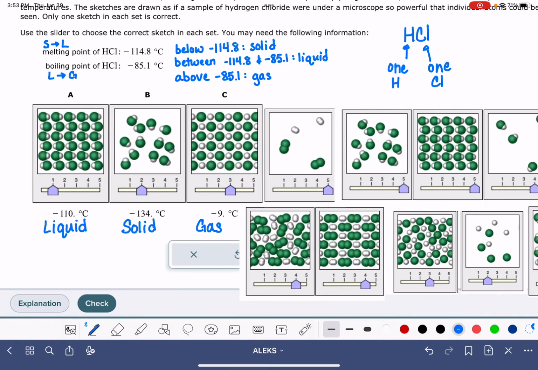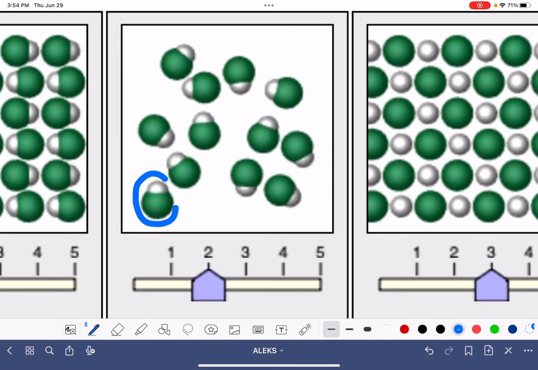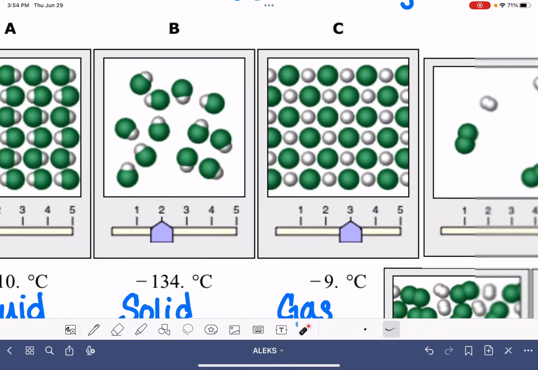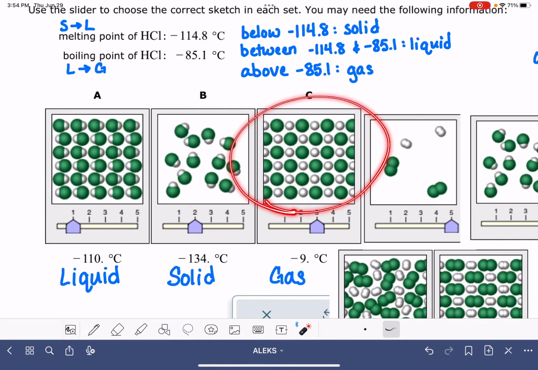So the first thing that you should do right away is eliminate any picture that does not have a shape that resembles this HCl molecule. This is giving us 1 sphere that represents one of the atoms and another sphere that represents the other. So for example, this picture here is just showing us some atoms disconnected.